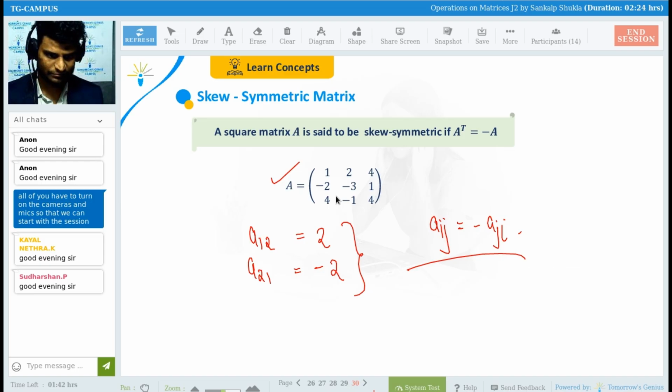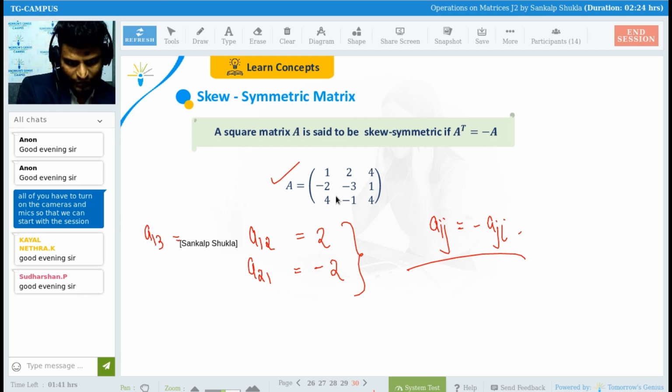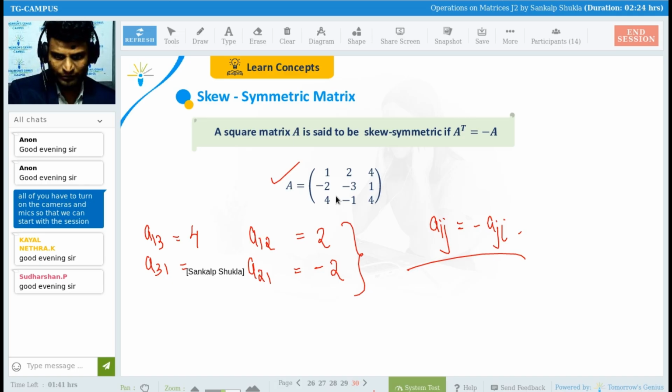In the same fashion, we'll check A13. A13 is 4. So A31, third row first column, should be minus 4. Yes, it is minus 4.